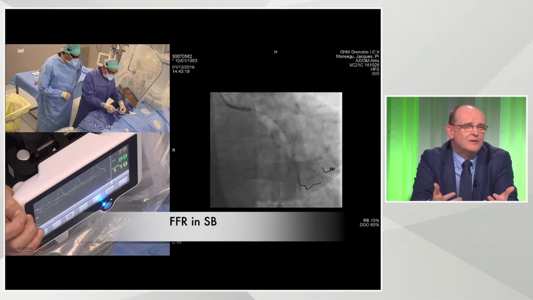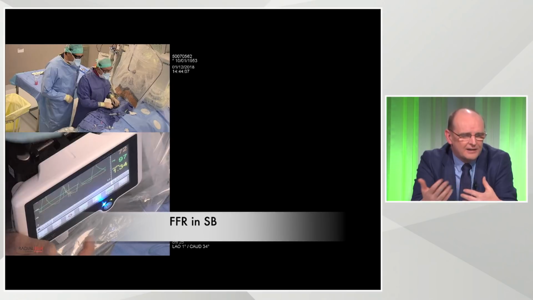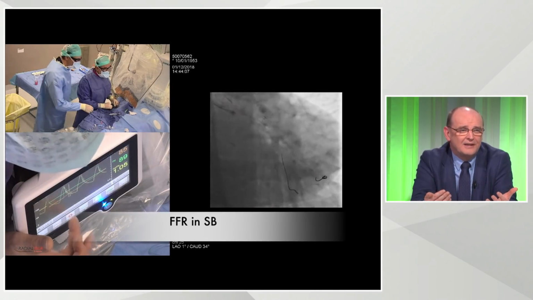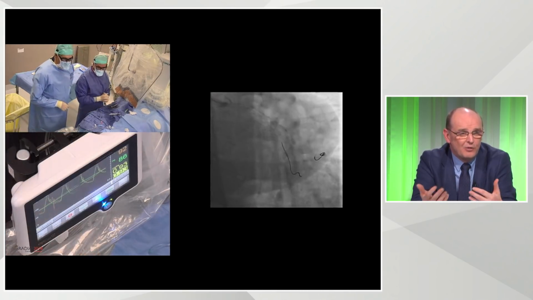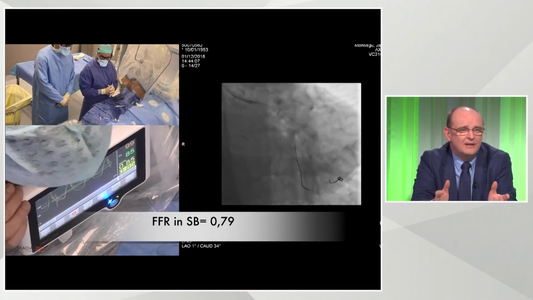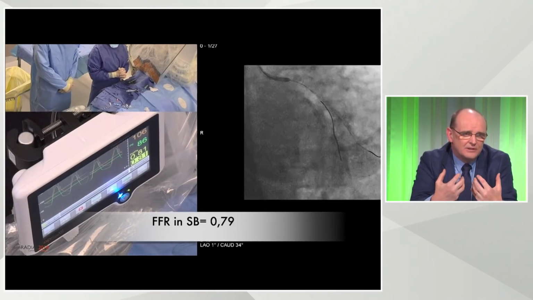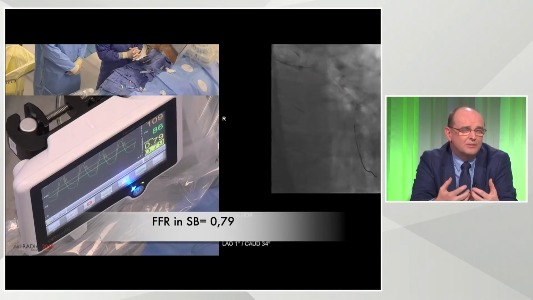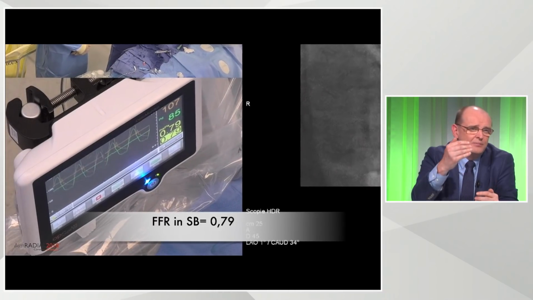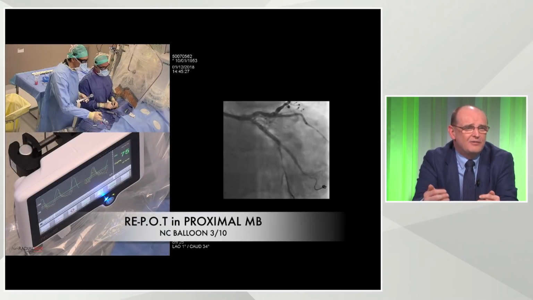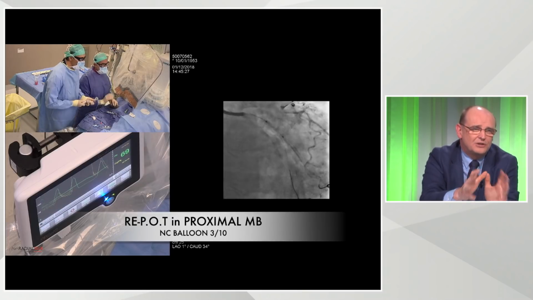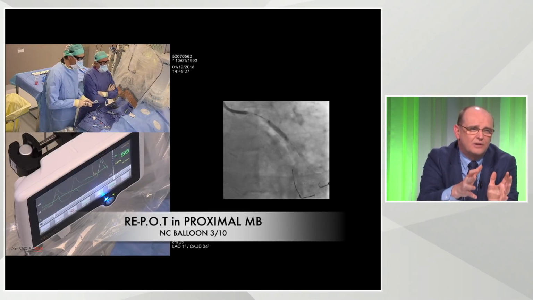But in general, in an LAD diagonal bifurcation, we must take care of the LAD. We want to keep the diagonal open, but the LAD is absolutely key. And so the main vessel is absolutely important with regard to our stent optimization. So just doing pot side is probably not enough. We need to do pot, side, pot. Make sure that the main branch is optimal.